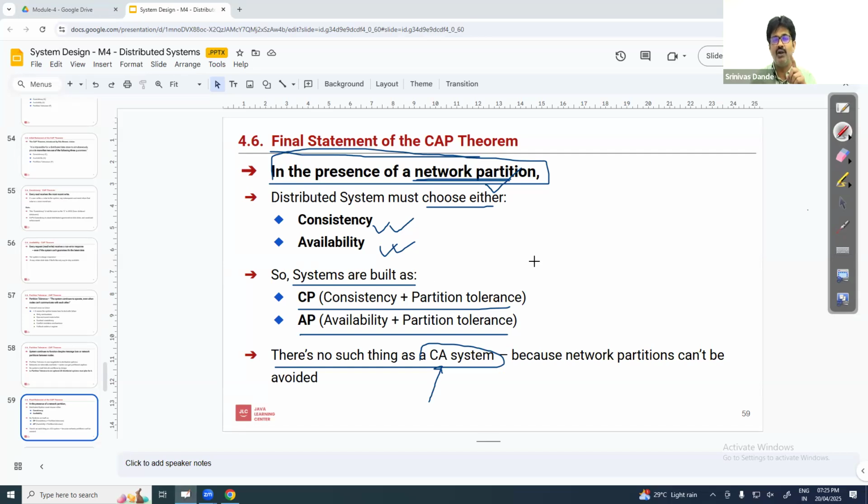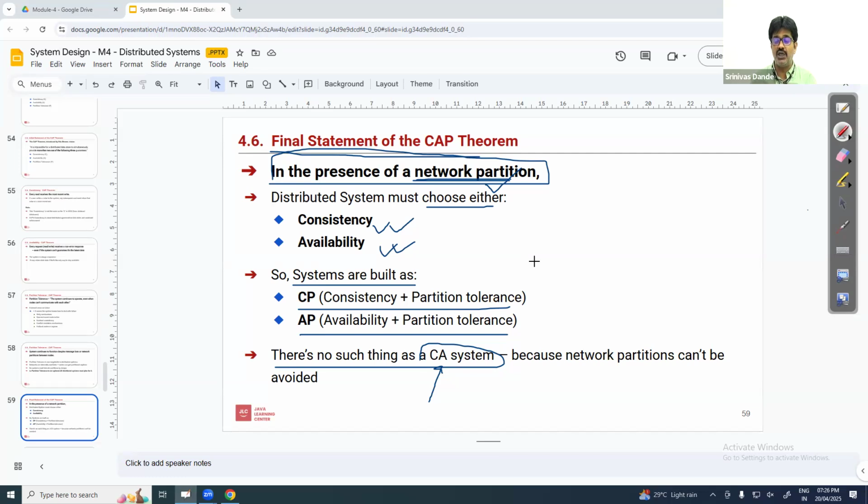If you take a single-node machine, like a non-distributed Oracle database, that is a CA system only. A non-distributed MySQL database is a CA system only. Or a monolithic application for your enterprise is a CA system only.